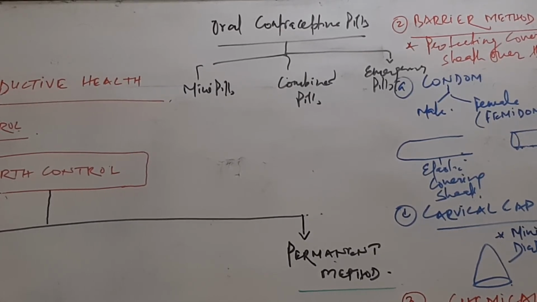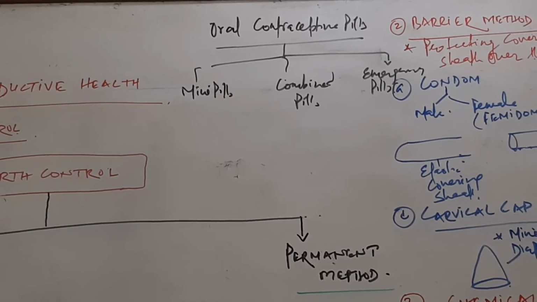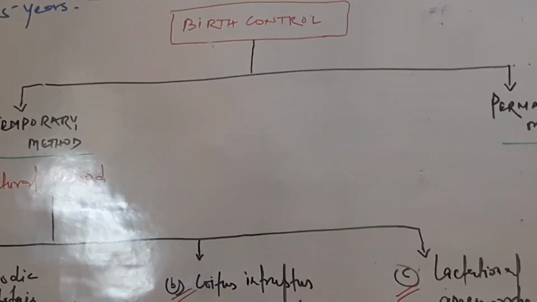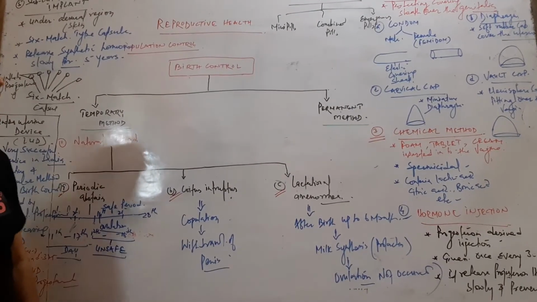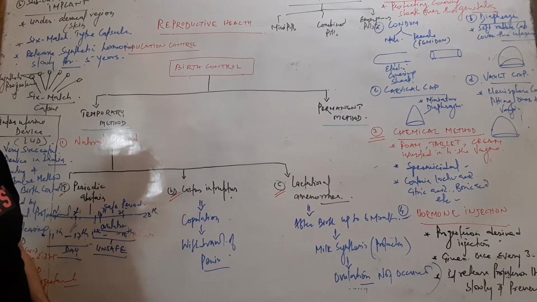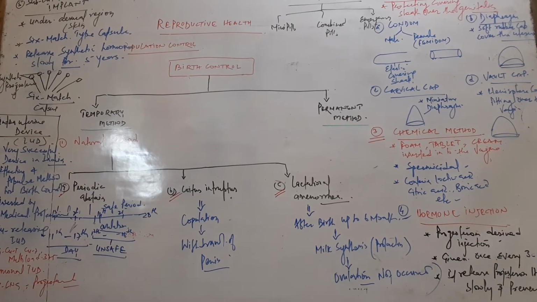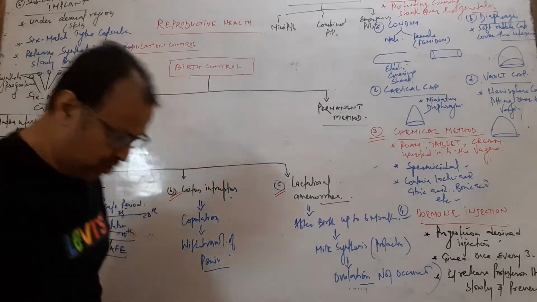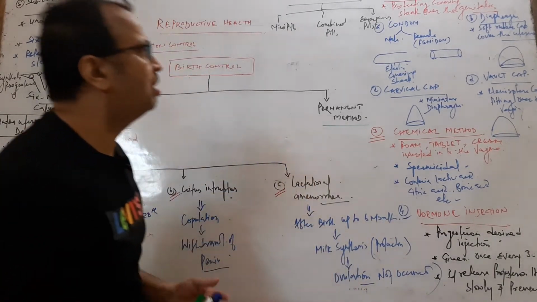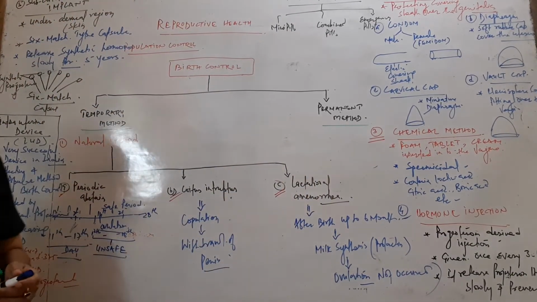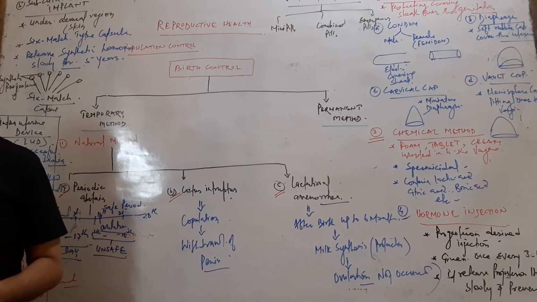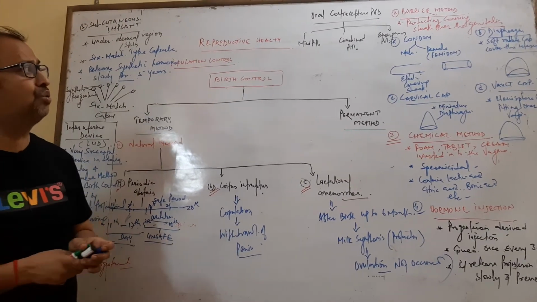Combined pills are a combination of progesterone as well as estrogen, such as Mala D and Mala M. Emergency pills are used in an emergency condition; they are the morning after pills, also called pill 72. They are used within 72 hours of intercourse.